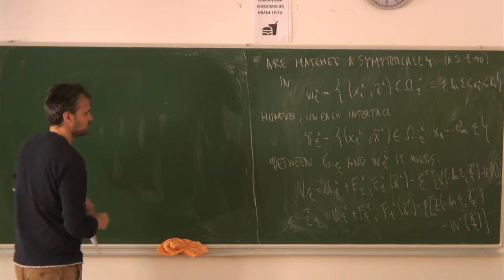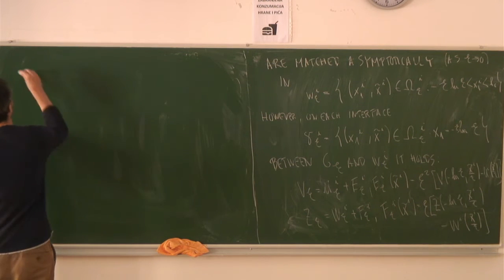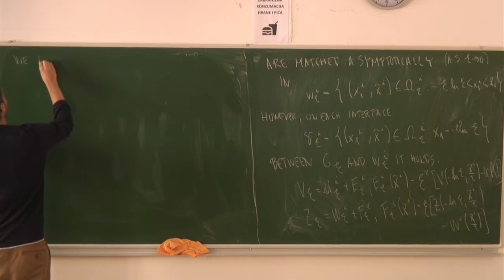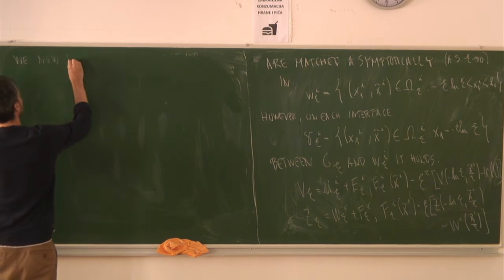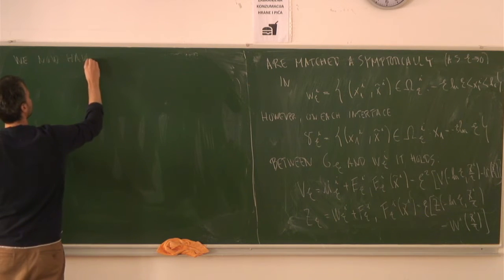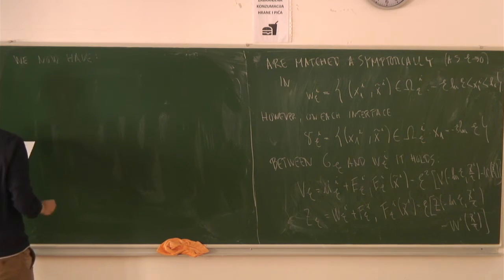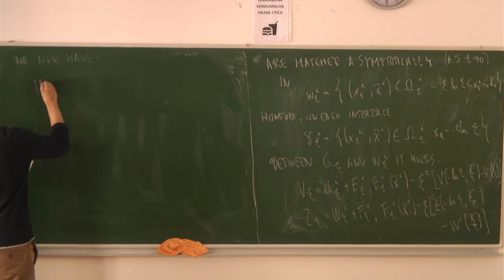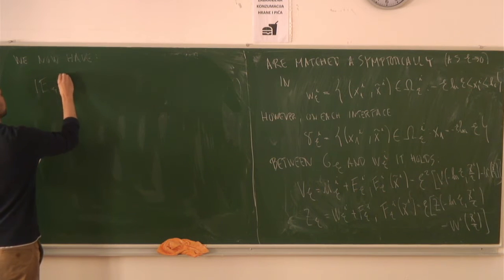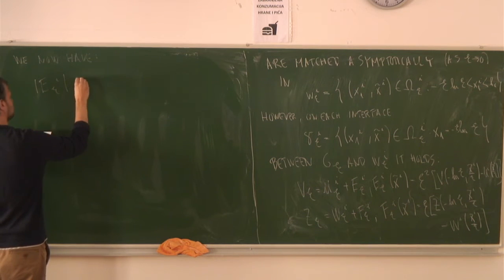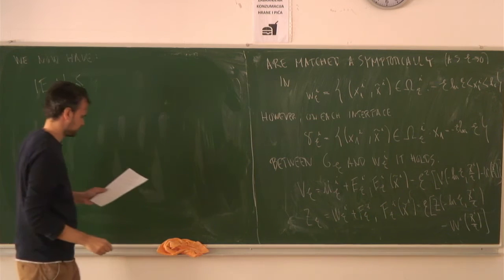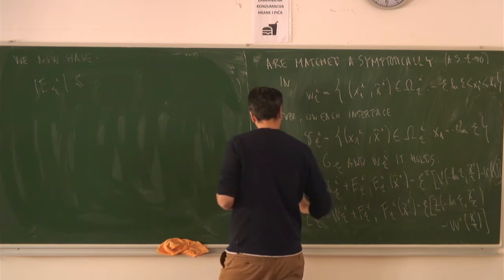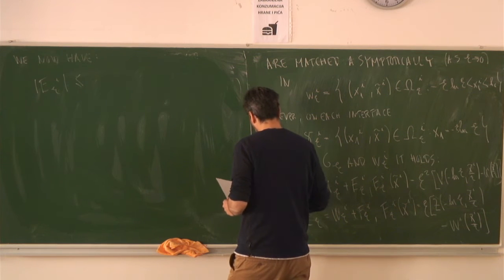So what do you have now? You have the following. So we now have the following. E epsilon I is less than or equal to, I will denote this by 17.